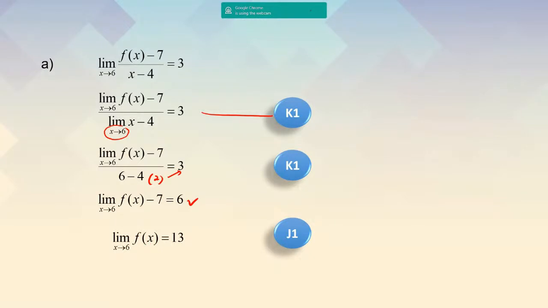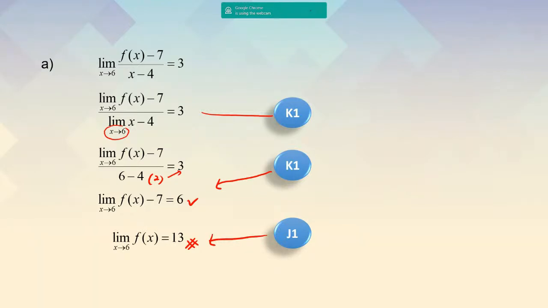You will get the limit of f(x) as x approaches 6 equal to 13. So for number 2a, the answer is 13. The first mark is to use the properties of limits, and then next you simplify and get the answer.